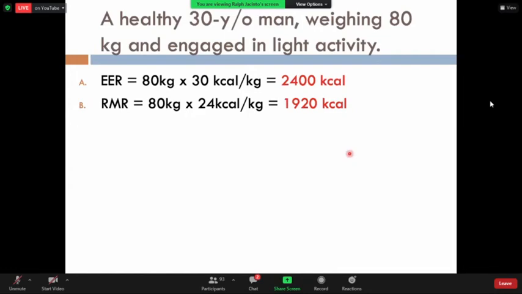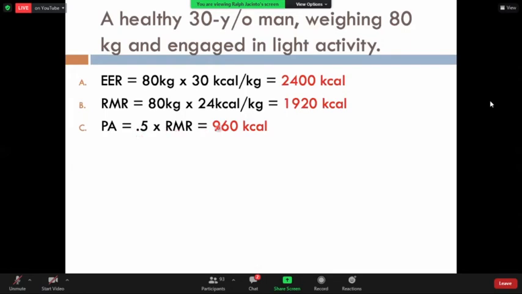And then in order to determine the total caloric requirement or total energy expenditure, you also have to compute for the energy required due to his physical activity. So this is light activity. Going back to the factor, it's around 50% of the RMR.